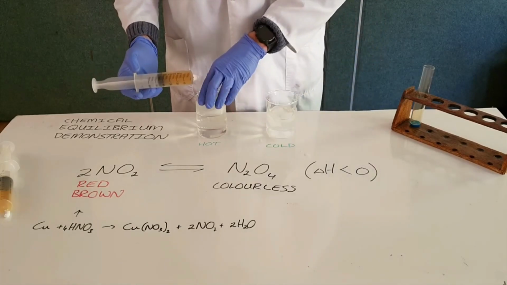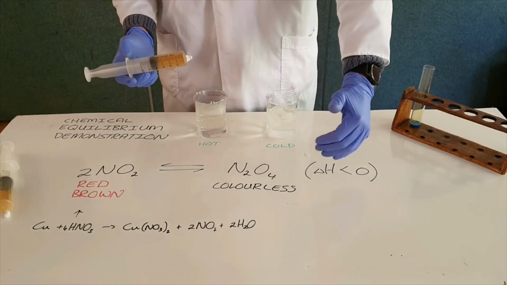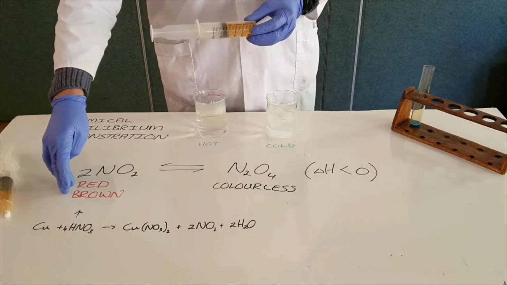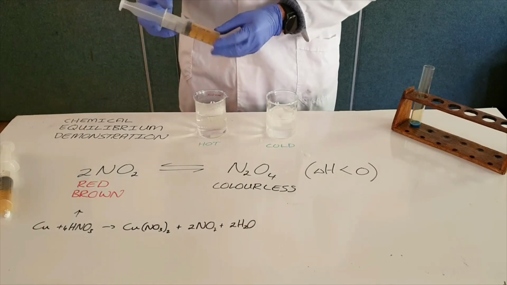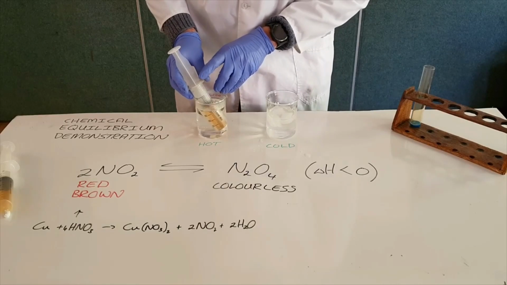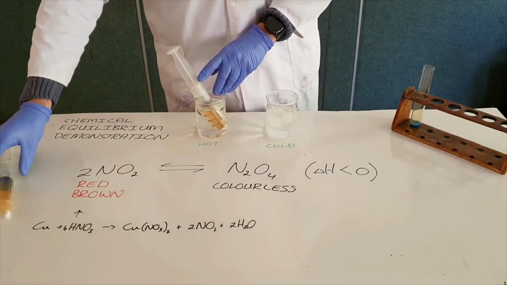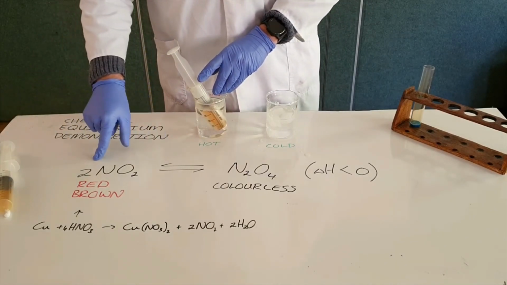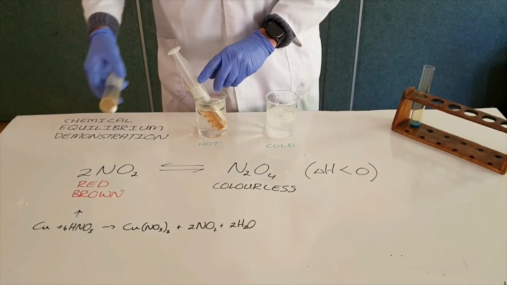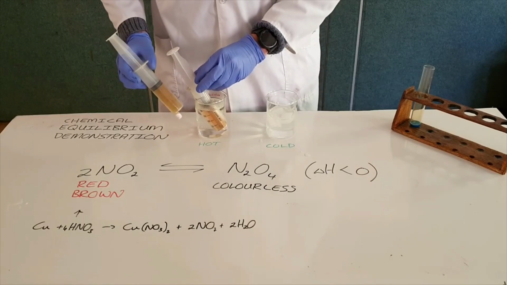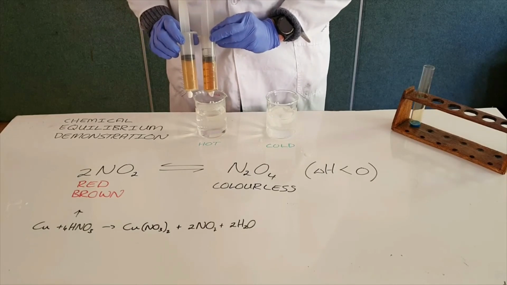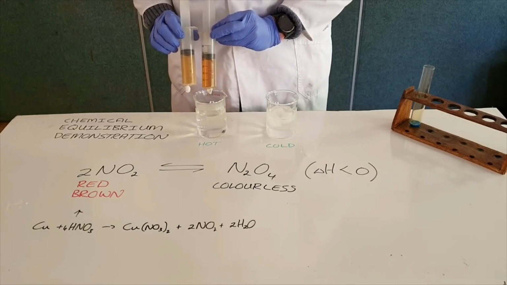So by adding it into a hot water bath, we expect a reverse reaction to be favored, which produces a more dark red or brown color, and we can see that when I do this here, the color change favors the reverse reaction, which makes it a darker red or brown color. And we can see that by comparing the difference here between these two. The one that has been in the hot water bath is slightly darker than the other.